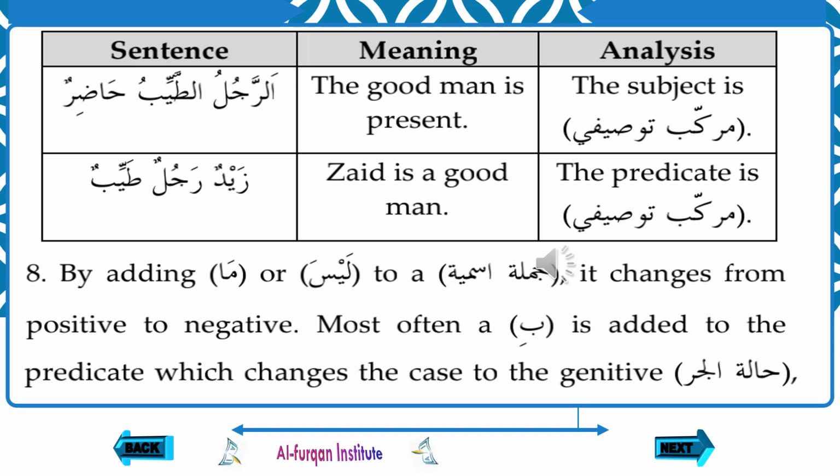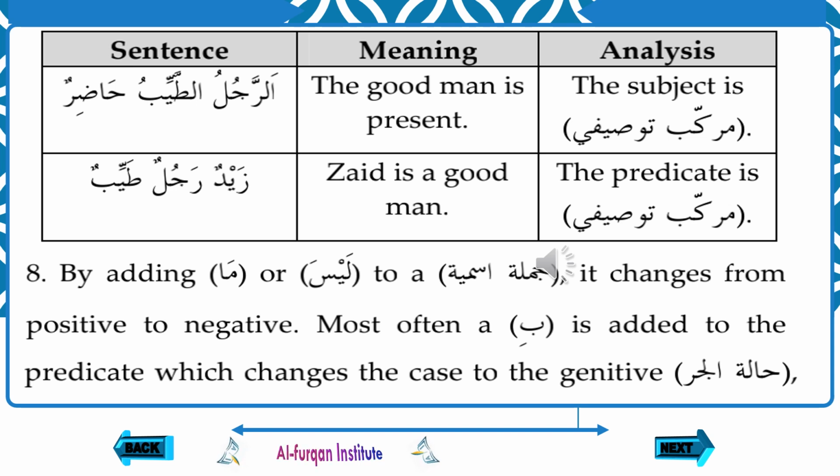We have some examples here. Ar-rajulu tayyibu hadir, the good man is present. Ar-rajulu tayyib, the good man, is the subject, and hadir, present, is the predicate. So the subject is murakkabun tawsifiyun.